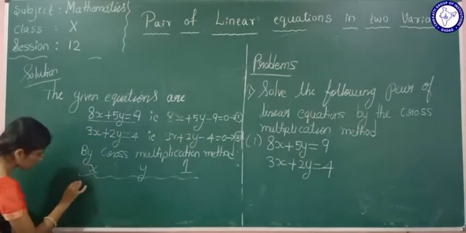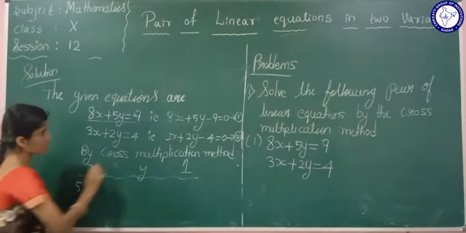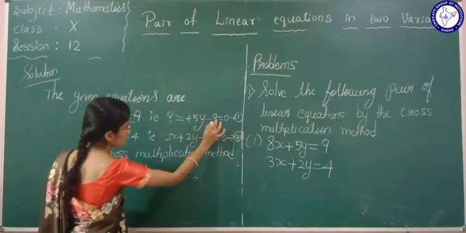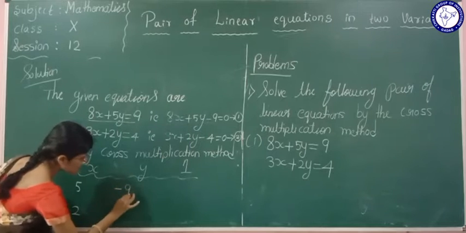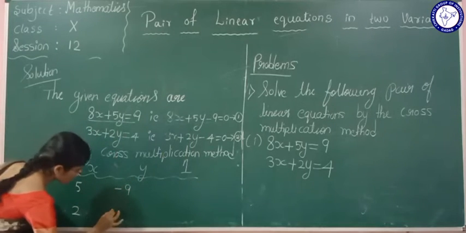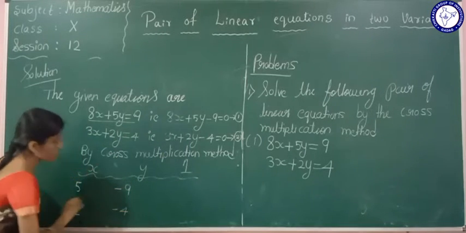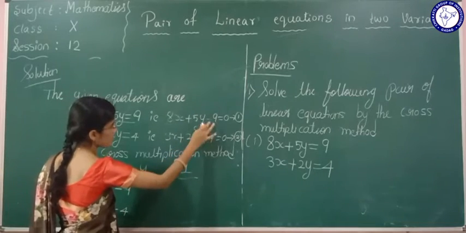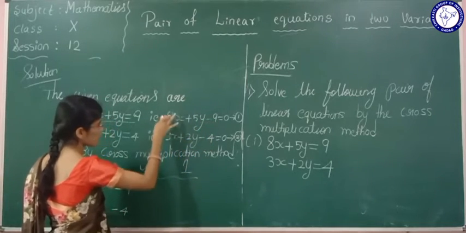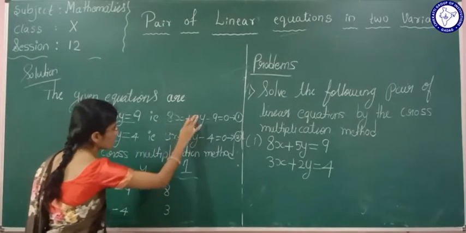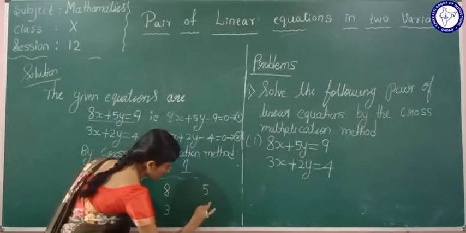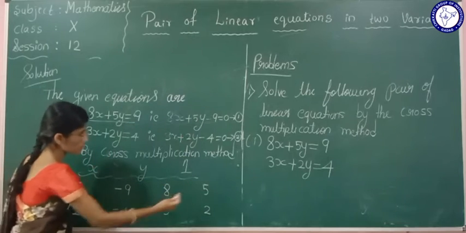Afterwards, what are the constants? Minus 9, minus 4. Then come to this one, that is 8, 3. Afterwards, 5, 2. Where you have started, you have to stop there only.